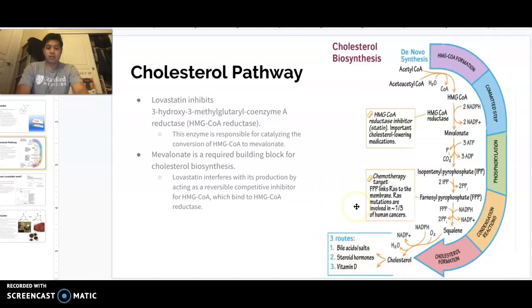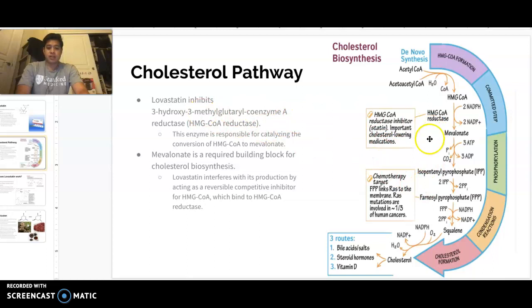So where does lovastatin play in the pathway? Right up at the very start here, during the committed step. You can see here the HMG-CoA reductase inhibitor. As it states here in the image, it's an important cholesterol lowering medication.